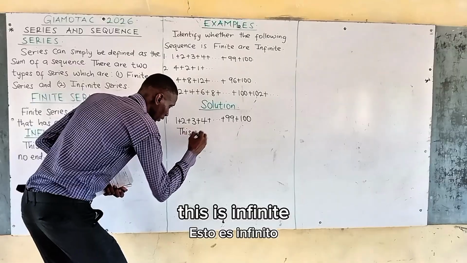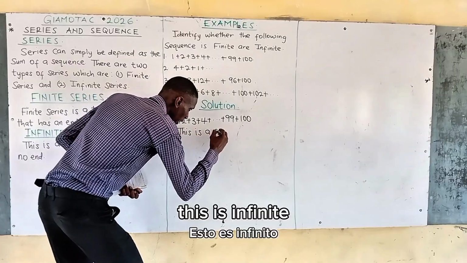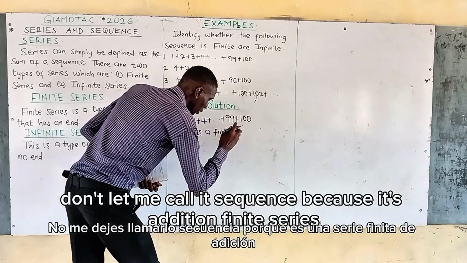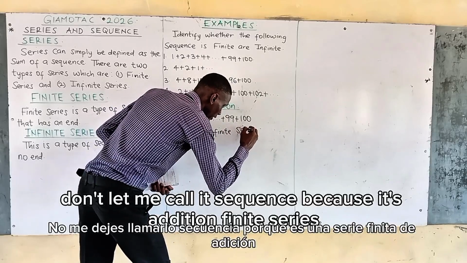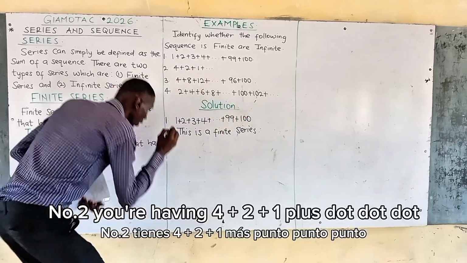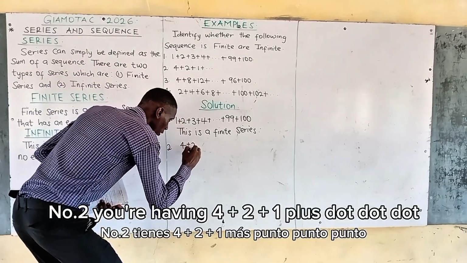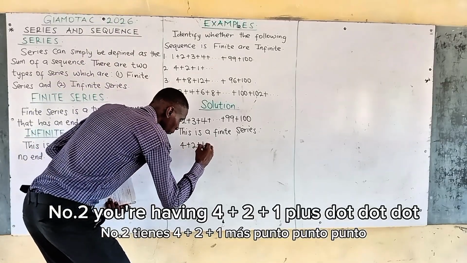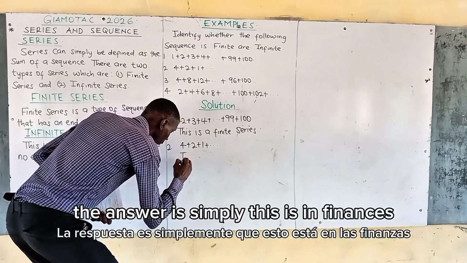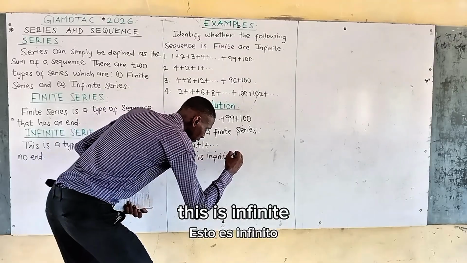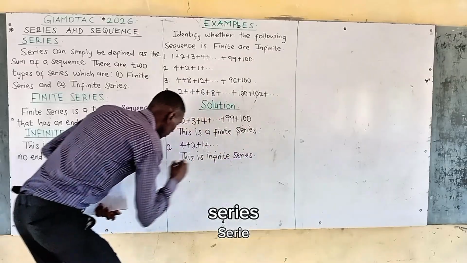This is a finite sequence. Let me call it series because it's addition. Finite series. Number 2, we are having 4 plus 2 plus 1 plus dot dot dot. The answer is simply this is infinite series.